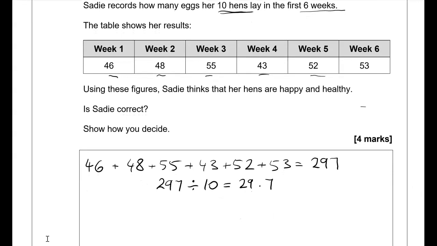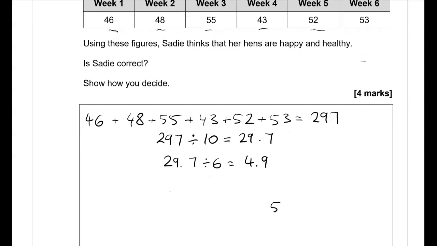So I'll divide this by 6 to get it for 1 week, so then I can multiply by 52 weeks to get for a full year. So this is 4.95. So now I'm going to multiply it by 52 weeks.